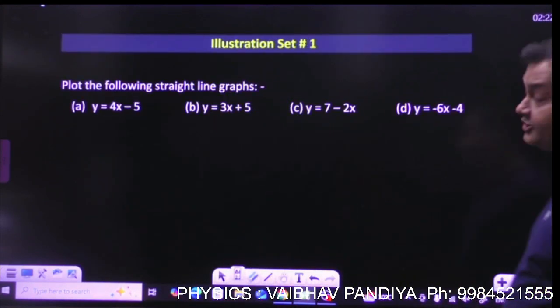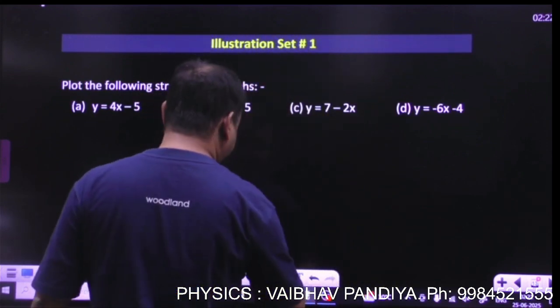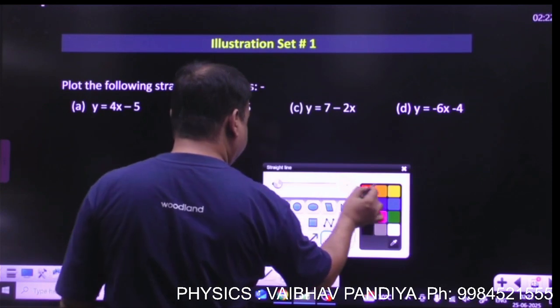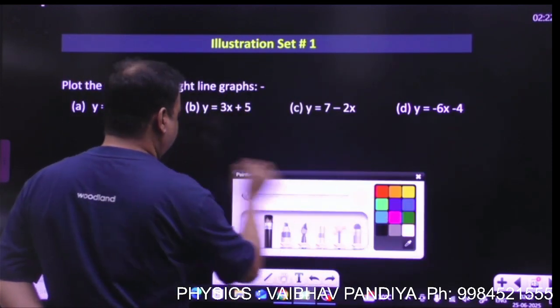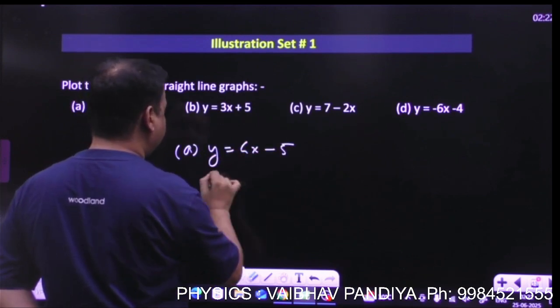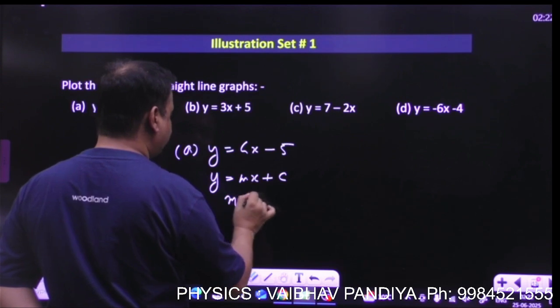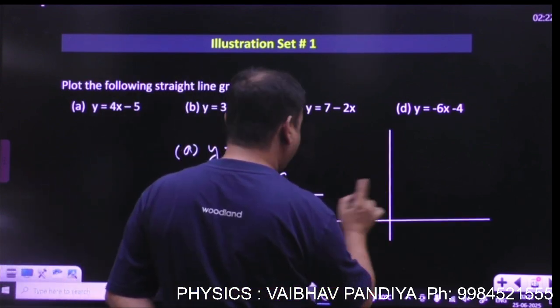Now let's see the illustration set 1. Plot the following straight line graphs. Even if it is not given a straight line, we can judge from the equation that graphs would be straight lines, being the linear functions. So A is y is equal to 4x minus 5. I am comparing it with the standard form. So m is coming to be 4, c is coming to be minus 5. I will have positive slope and negative intercept.